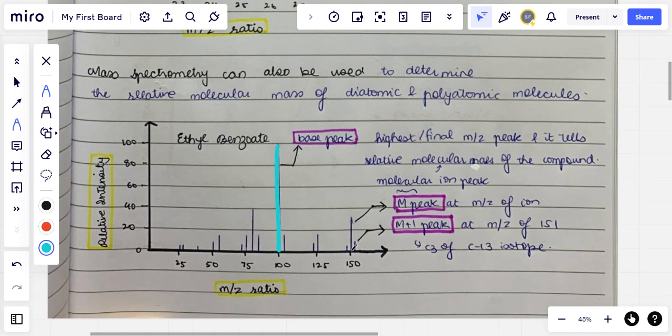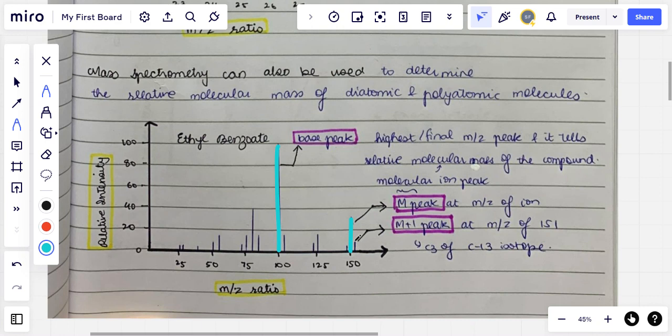Then the final peak here, which is furthest, or you can say towards the right, will give you the relative molecular mass or relative formula mass, you can say, of the compound. And it's called the molecular ion peak, M capital P. So this is basically the molecular ion peak.